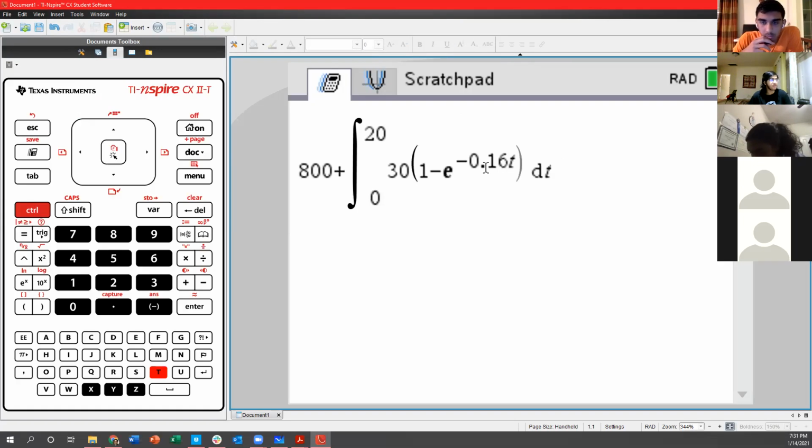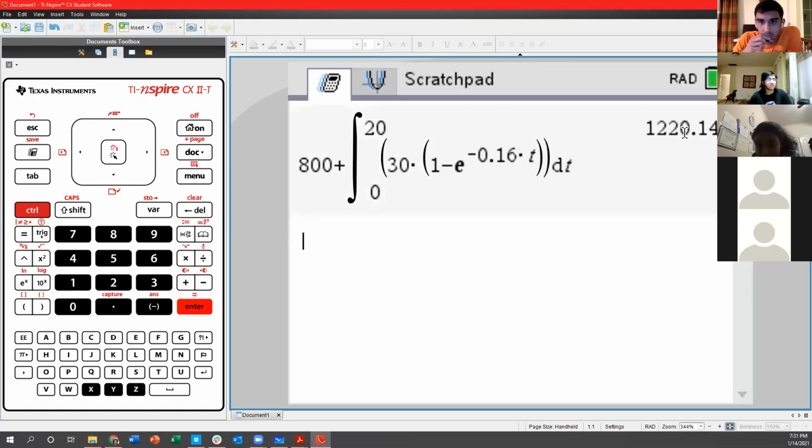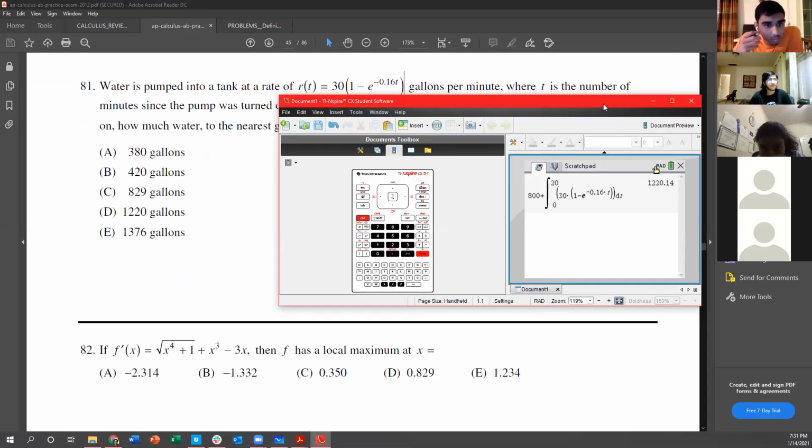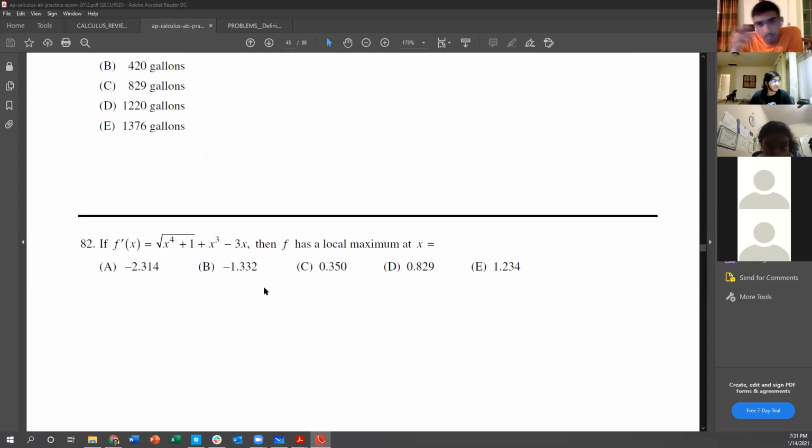Hopefully I plugged that in properly. And the answer is 1220.14. So the answer is D. Okay? These are problems you want to directly plug into the calculator. No need to do extra work.